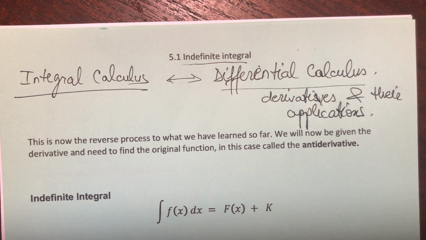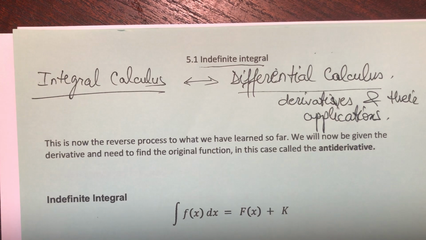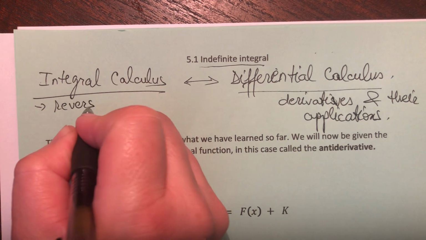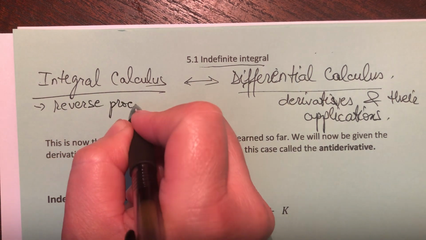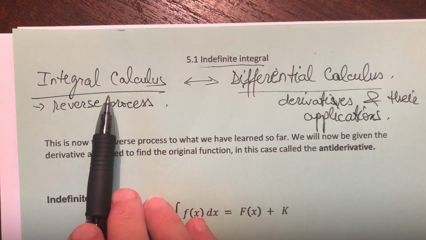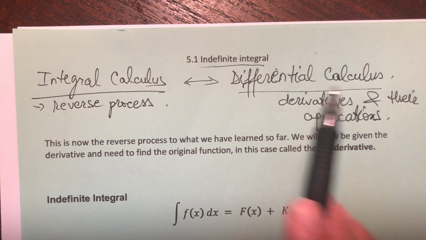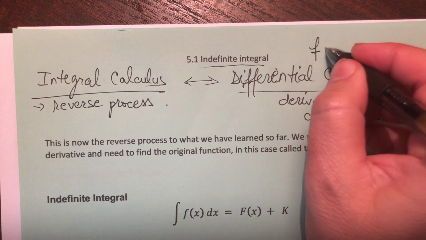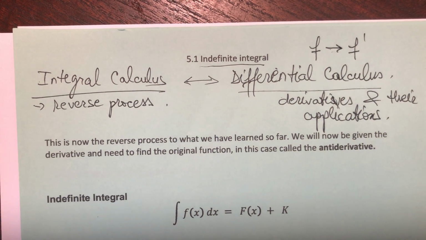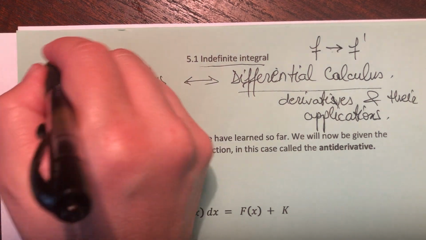Now, integral calculus is the reverse process to this. In differential calculus, we were giving you the function, right? And we are asking you to find the derivative. Now, in integral calculus, we start backwards.